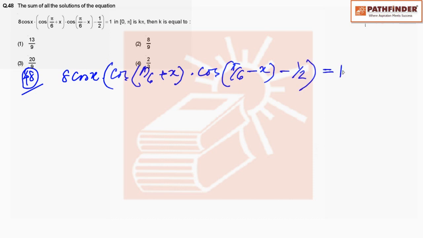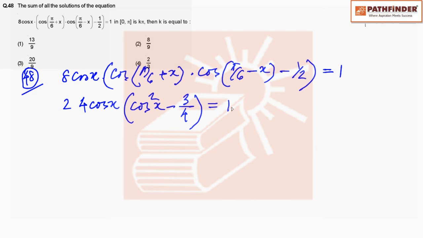So the structure is 2 into 4 cos x into cos square x minus 3 by 4 equal to 1.